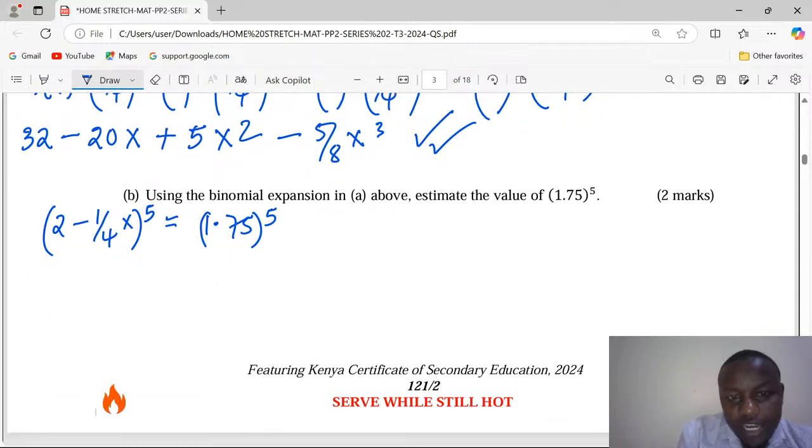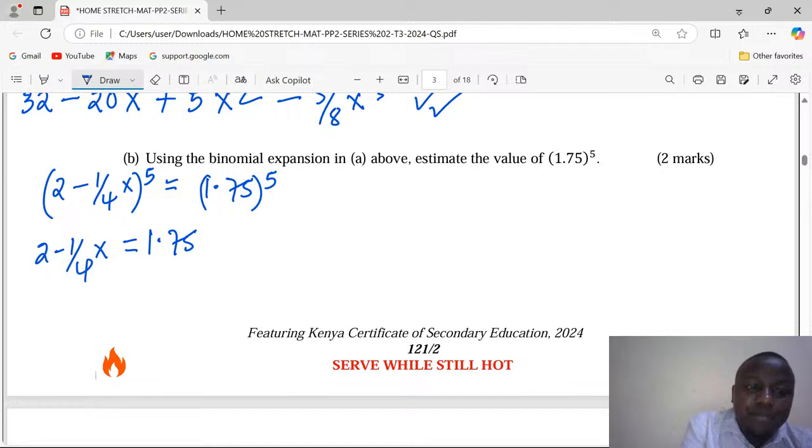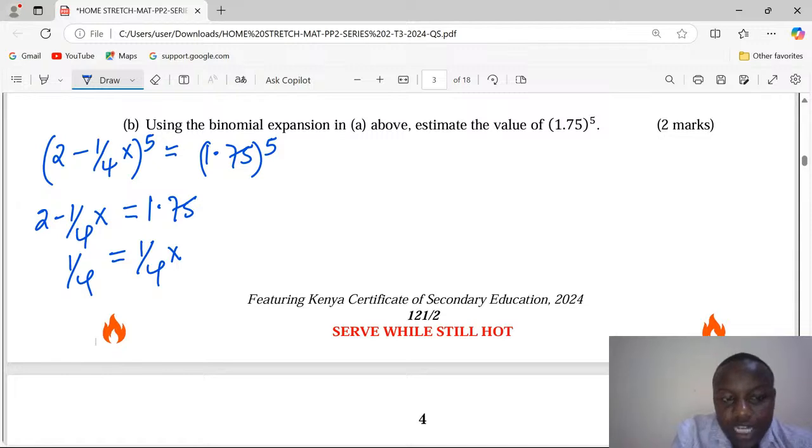Then with this, we can equate the bases and say 2 minus a quarter x is equivalent to 1.75. Now we can rearrange the terms and have a quarter x being positive here. 2 minus 1.75 becomes also a quarter. And if a quarter equals a quarter x, then a quarter can simplify and the value of x becomes 1.